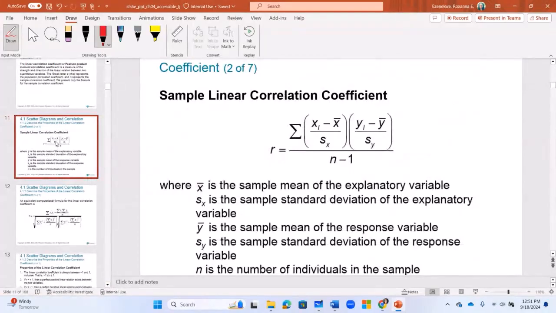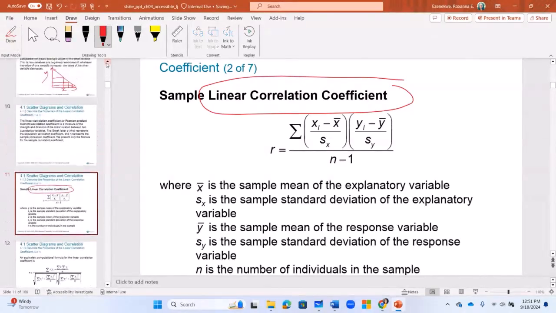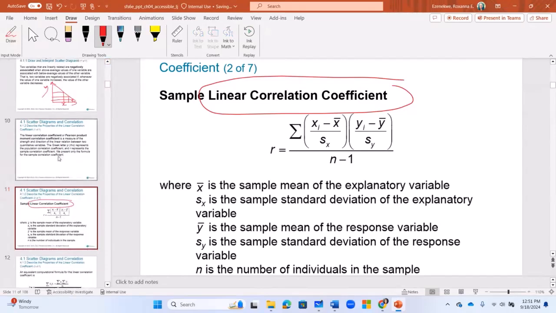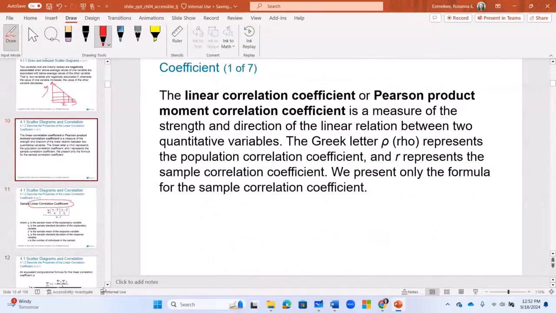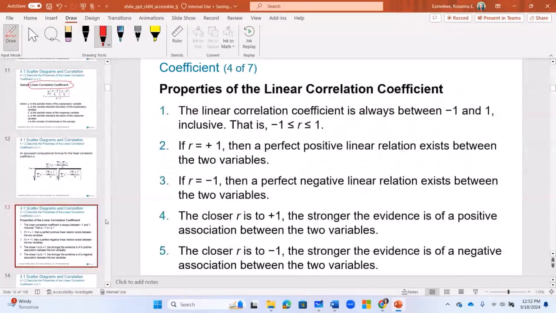First of all, the properties of R, which is called the linear correlation coefficient. I'm going to write down the properties of R, the coefficient of correlation called R.